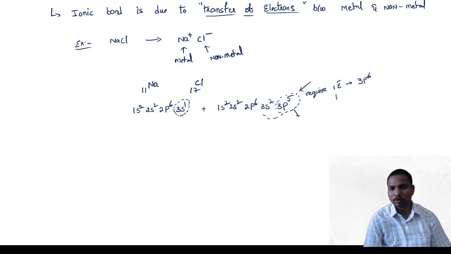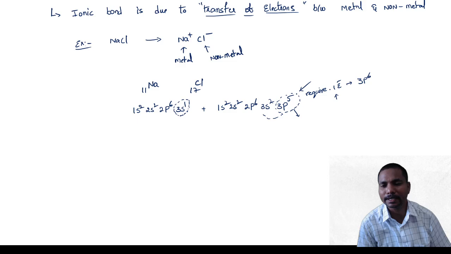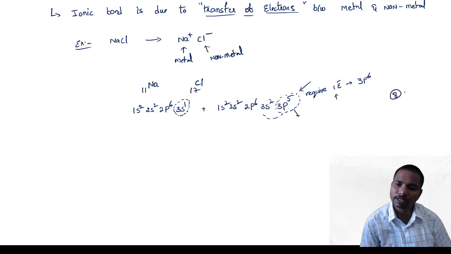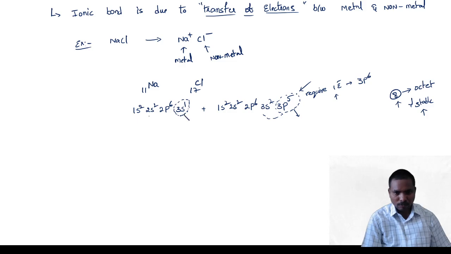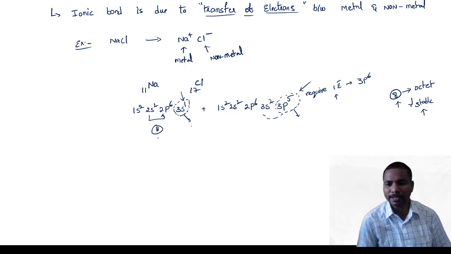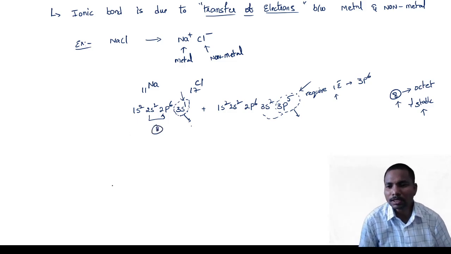If it has one more electron, the total is 8. If the outermost orbit has an octet, that means 8, it is going to be stable. Always atoms are trying to form a stable state. In sodium, if this one extra electron is not there, then the second orbit has 6 plus 2, 8, so it will form an octet and also become stable.